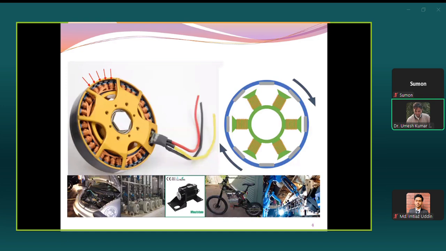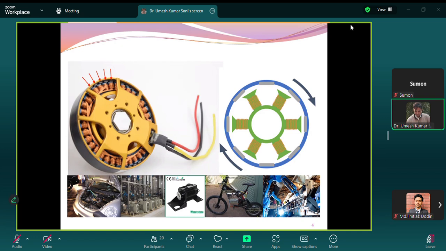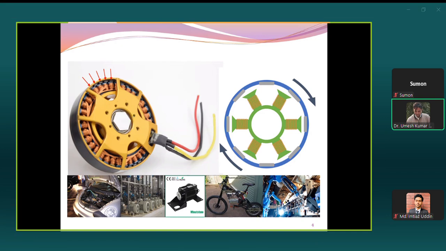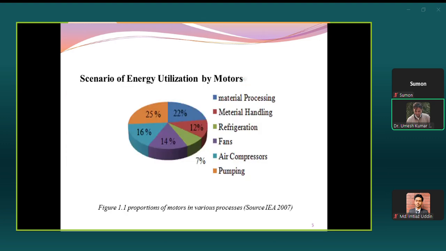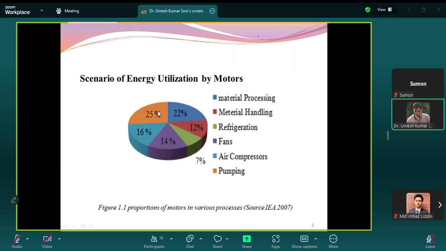BLDC motors are widely used in industries, electric vehicles, pumping and air compressors due to their high efficiency, high power density, high efficiency at higher speed and higher torque, and better control facility.